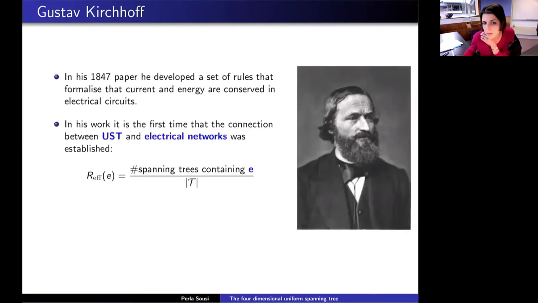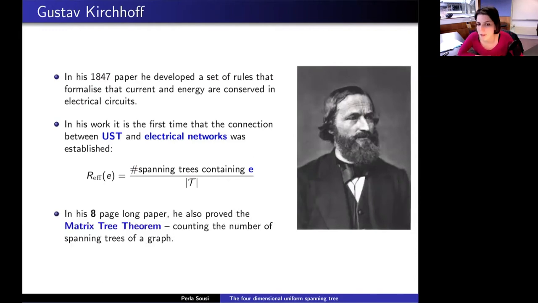And he was the first one to establish a connection between uniform spanning trees and effective resistance. What he proved is that the effective resistance of an edge is equal to the number of spanning trees that contain the edge divided by the total number of spanning trees. So this ratio is the probability that the edge e is contained in a uniform spanning tree.